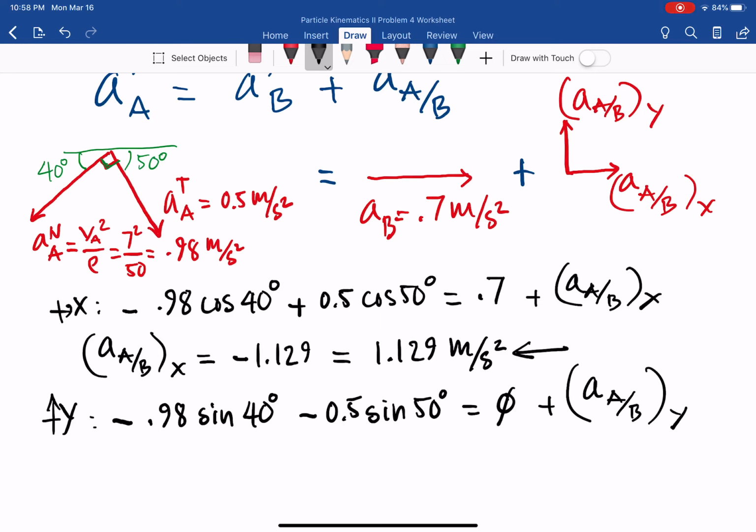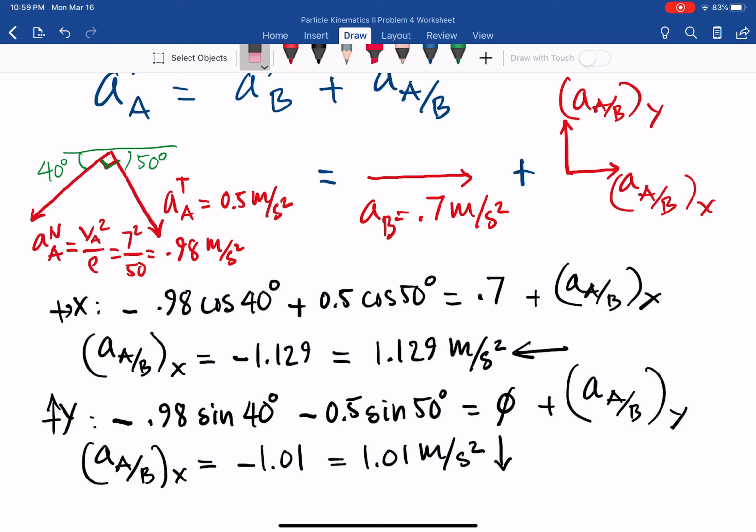Again, one component, one equation, one unknown, so we have A_A relative to B, y equal to negative 1.01, or 1.01 meter per second squared. It's negative, so it means going down, opposite to our assumed direction on the kinematic diagram. So we have two components.